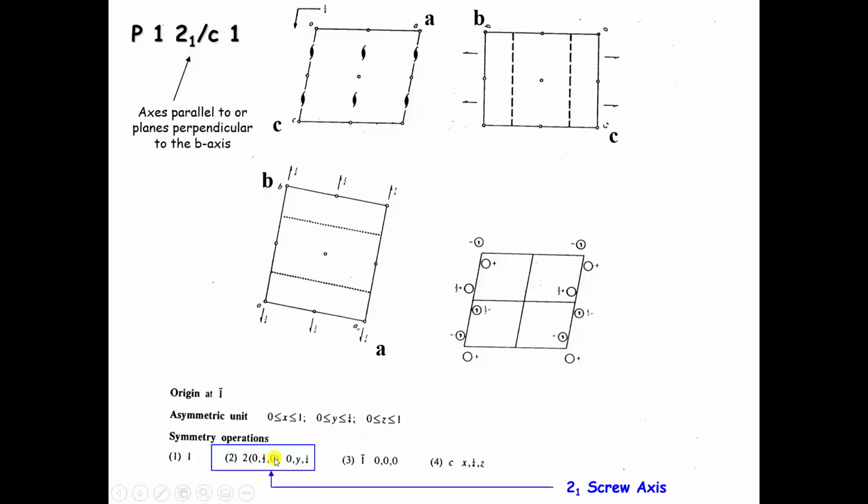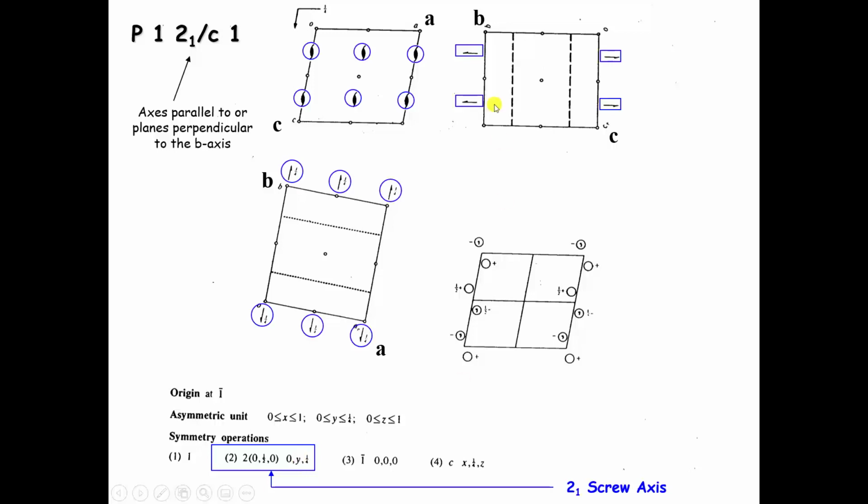That tells us we're going to rotate by 180 and then translate by 0, 1/2, 0, 1/2 of the B lattice vector. The other part here, 0, y, 1/4, that tells us where in the unit cell this 2 sub 1 screw is located. Parallel to B, so it really doesn't have a coordinate along the B axis, but in the AC plane, it's at 0, 1/4.